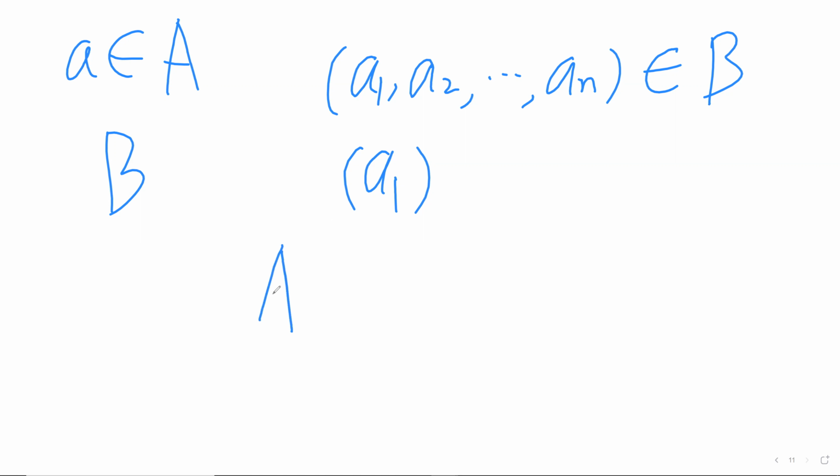So if A is countable and A and B are uniquely mapped one-to-one onto, then B is also countable.